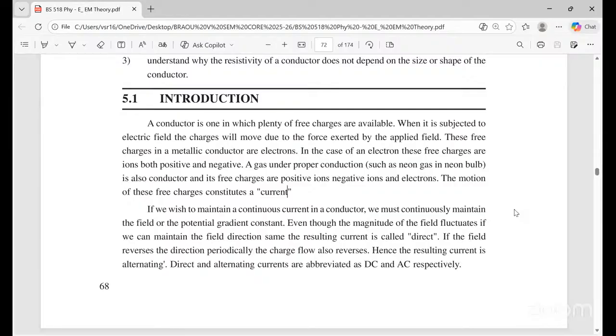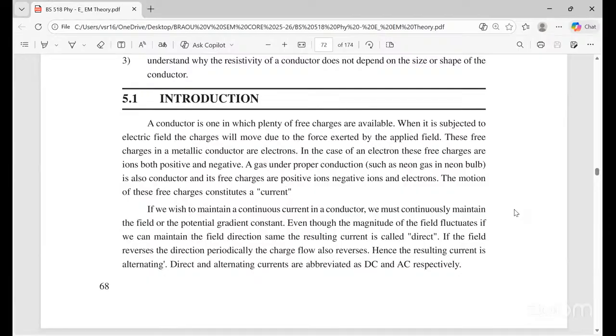The free charges in a metallic conductor are electrons, free electrons. In other cases, free charges move as ions, both positive and negative. For example, a gas under proper conduction, a neon gas in a neon bulb, is also a conductor, but the free charges are positive ions, negative ions and also electrons.